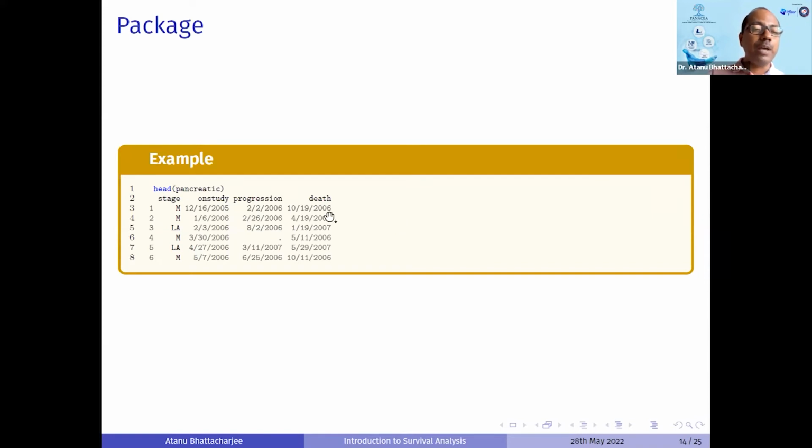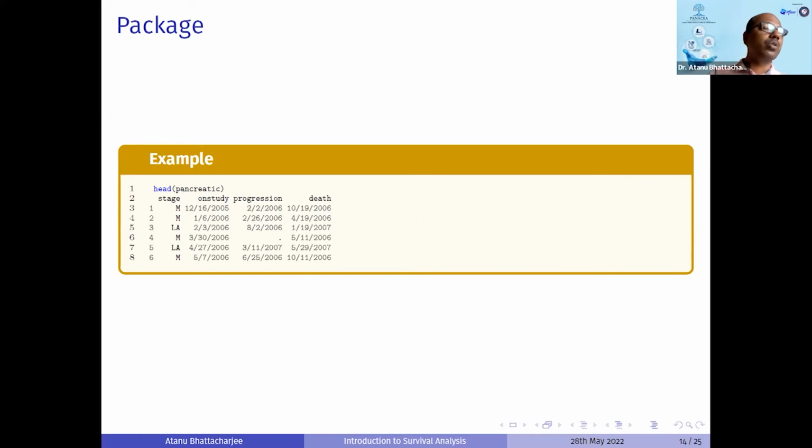And if you subtract the on-study date from the last date, you are going to get the duration of survival. So both duration of progression and duration of survival you can calculate by these subtractions, and obviously you are going to get positive values.